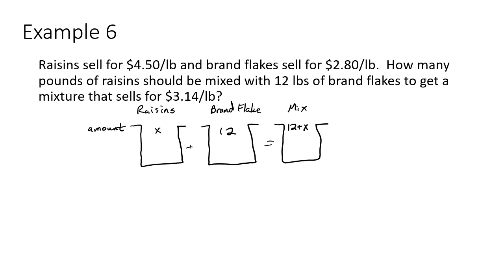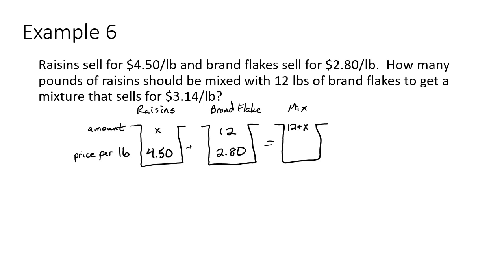In the second row this time, we don't have a percentage, but now we're going to do price per pound. So for raisins, we've got $4.50. Bran flakes, we've got $2.80.